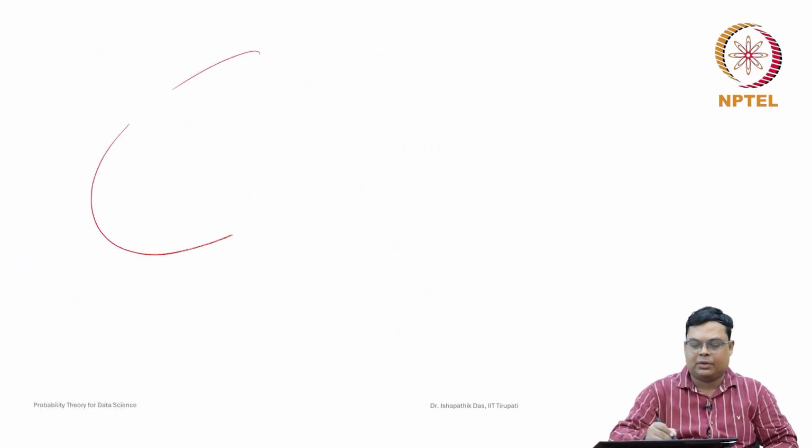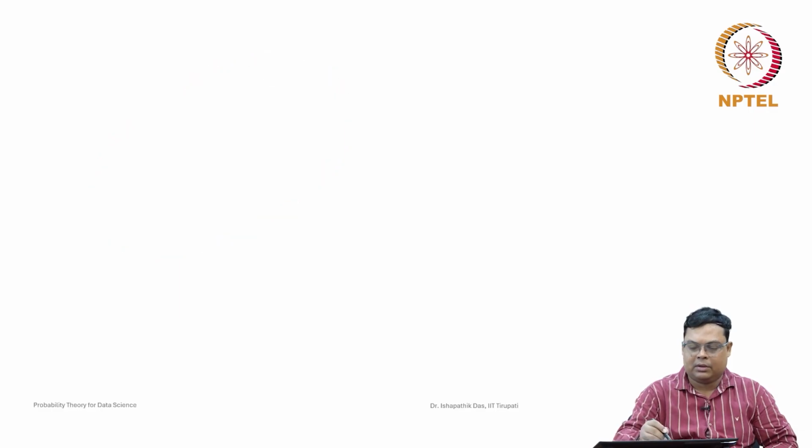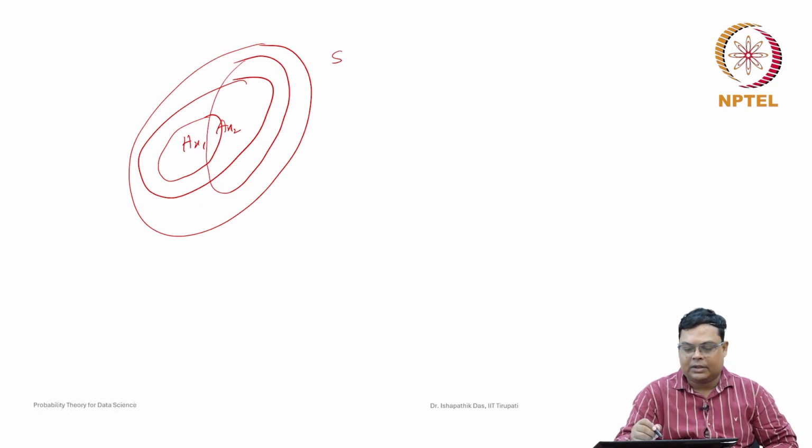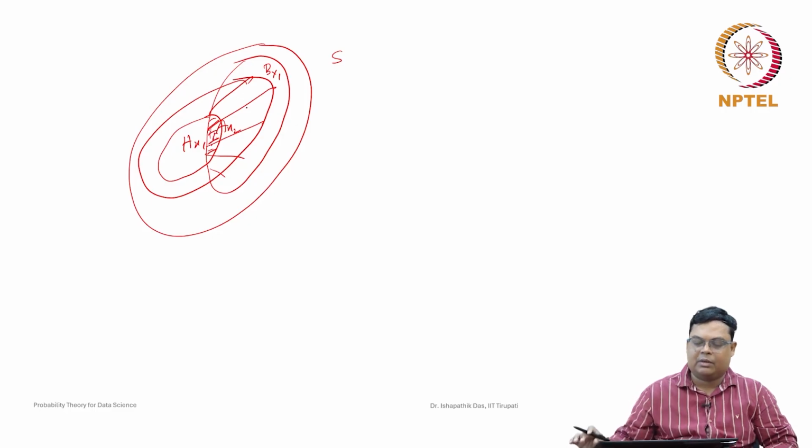So, this is the sample space, this is A_x2 and inside it A_x1, and B_y1 is, suppose, this. Now, B_y1 intersection A_x1 is this part and B_y1 intersection A_x2 will be the whole part. So, that means A_x1 intersection B_y1 will be a subset of A_x2 intersection B_y1.